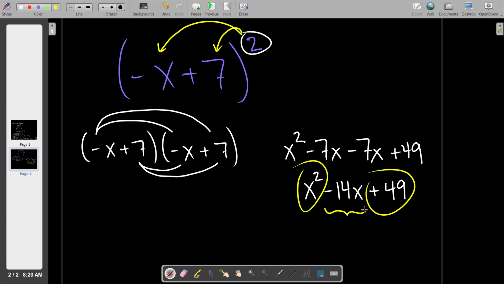Not a ton, but quite a bit. And the shortcut is this. We all agree, I don't want to move on till you do, that x squared came quite simply from squaring this, correct? And we all agree that 49 came quite simply from squaring this, correct? Good. So if we agree on both of those things, the question becomes, where did that mystery man come from? Well, here's the trick.